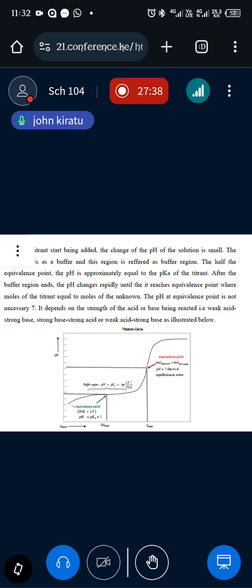The question is, is the pH at the equivalence point always 7? The answer is no. The equivalence point depends on whether you are reacting a strong base with a strong acid, a strong base with a weak acid, and so on, and that's what we'll be learning. You'll see why sometimes the equivalence point is not at pH 7.